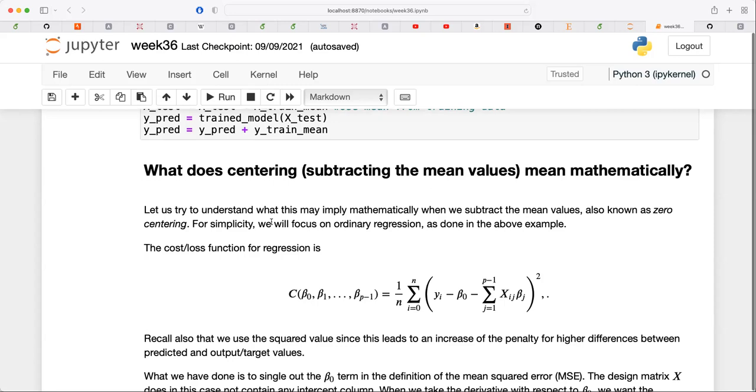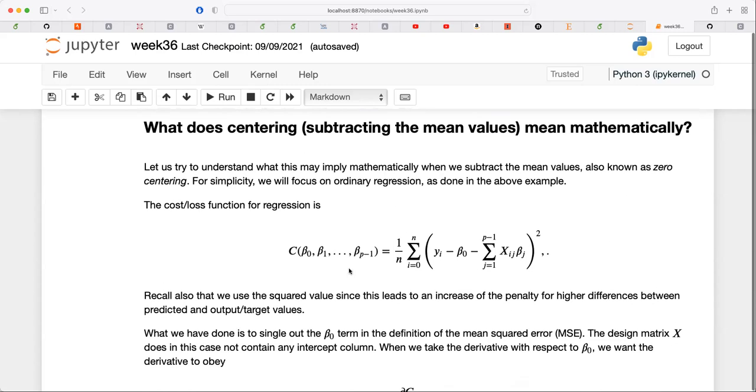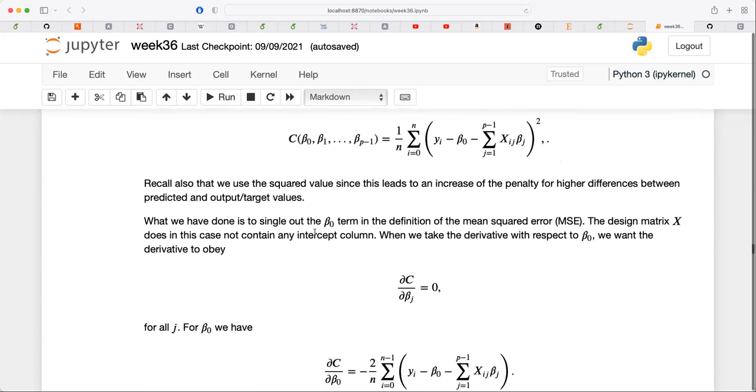So if you take a look here at the loss function or cost function which we have in linear regression, what I did here was actually to single out the term which is related to the intercept. And then you have the remaining terms. By taking away the intercept, you're actually having an optimization problem which uses all the optimization power on the other parameters. So what we have done is to single out the beta zero term.